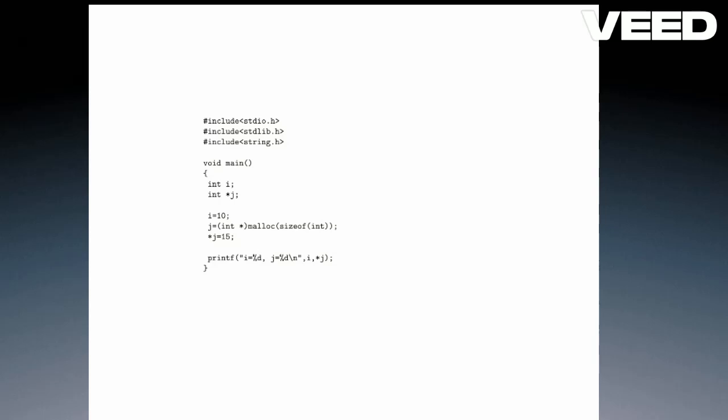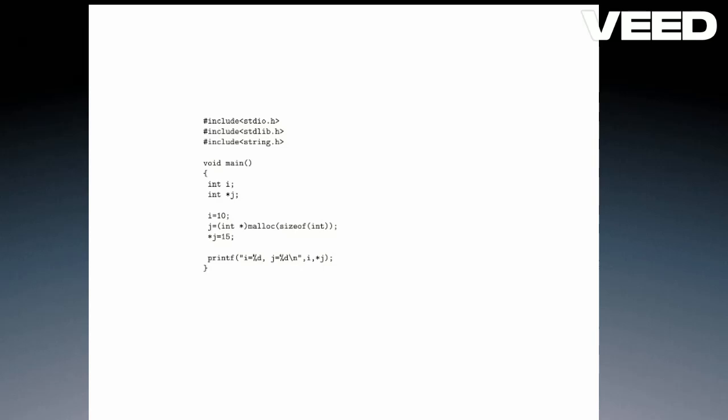Now j really stores the address of a location that exists in the memory after this memory allocation. And now I can use this syntax to store a value 15 in star j, because remember j is an address. This is called the content of j. So j is an address and to the content of j I am assigning the value 15.